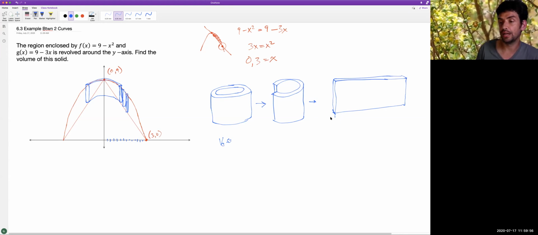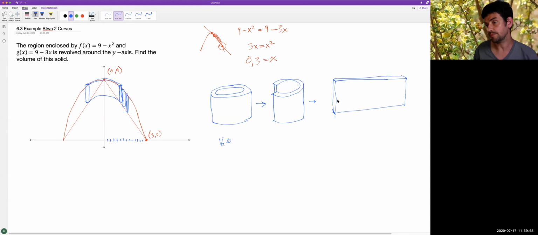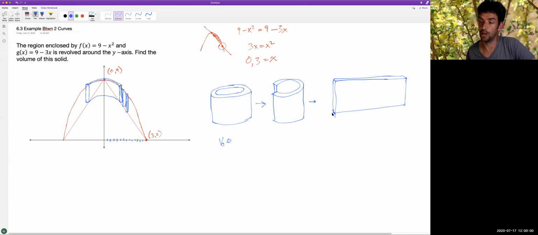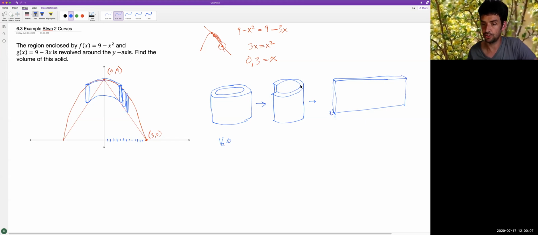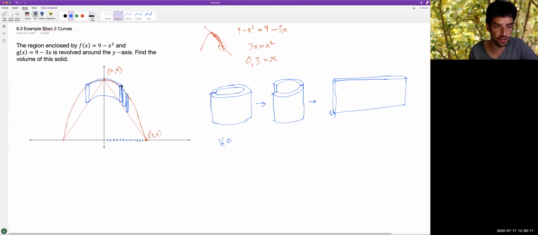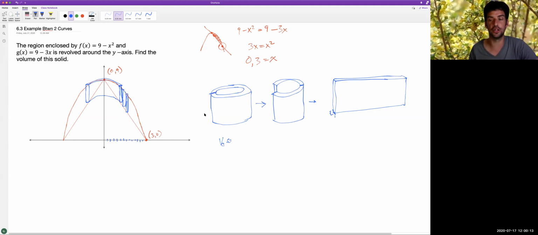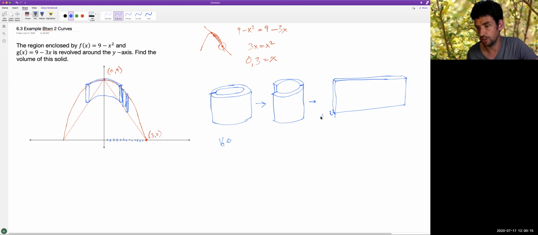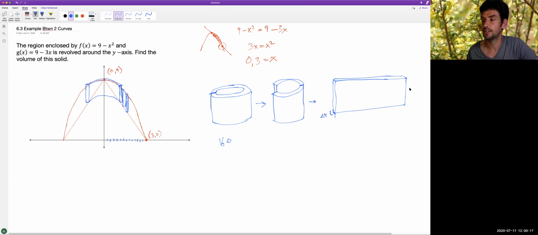And the way we can get this is, we're just going to do length times width times height. This width, for instance, is just the thickness of the cylinder here, which is just the thickness of this interval of x, which we call delta x.